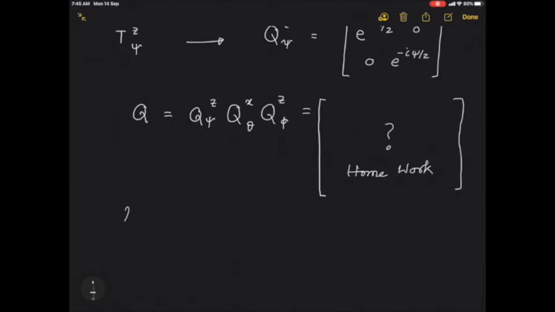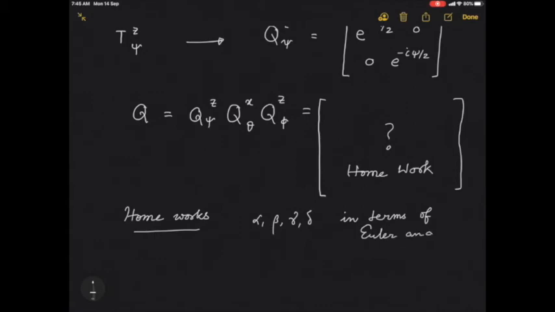That is one calculation. Let me give you other homeworks: alpha, beta, gamma, delta in terms of Euler angles. Similarly, e0, e1, e2, e3 in terms of Euler angles.